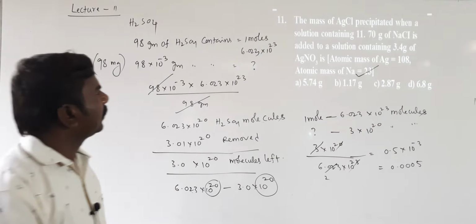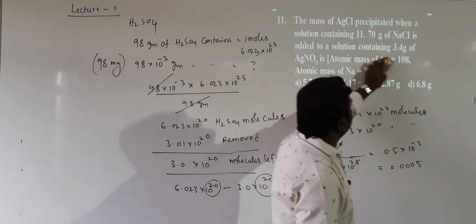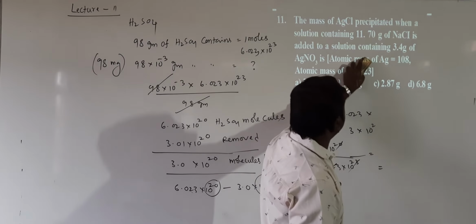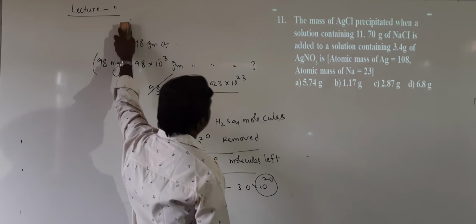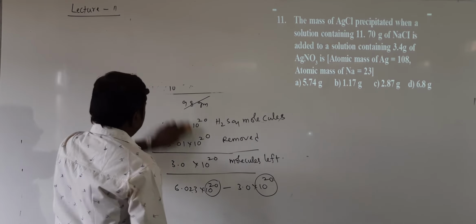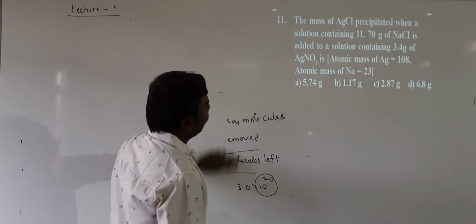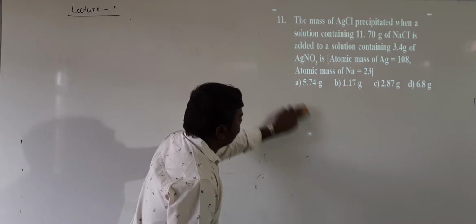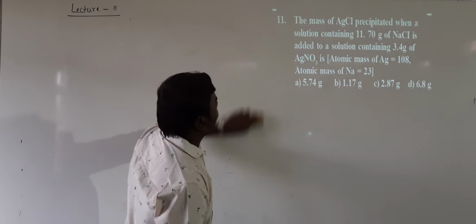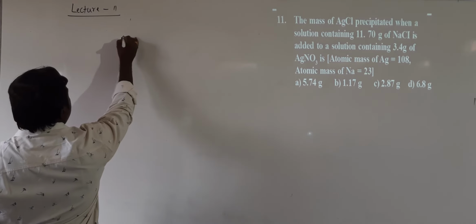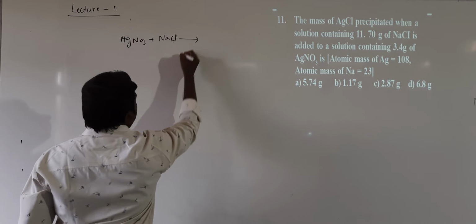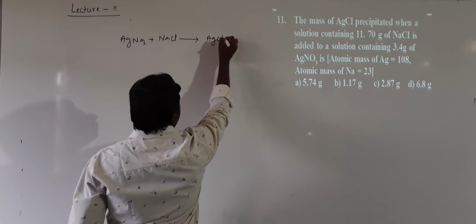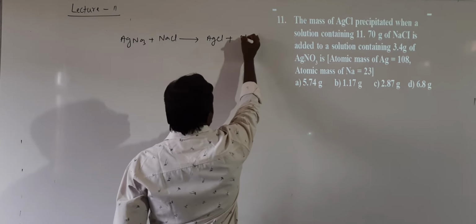Next. The mass of AgCl precipitated when 11.7 grams of NaCl is added to a solution of 3.4 grams of AgNO3. AgNO3 plus NaCl gives rise to AgCl plus NaNO3.